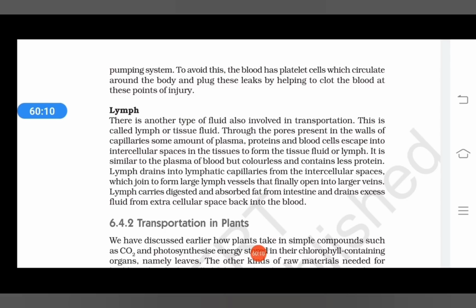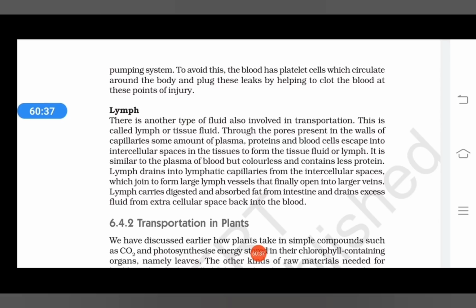Lymph drains into lymphatic capillaries from the intercellular spaces, which join to form the large lymph vessels that finally open into larger veins. Lymph carries digested and absorbed fat from the intestine and drains excess fluid from the extracellular space back into the blood.